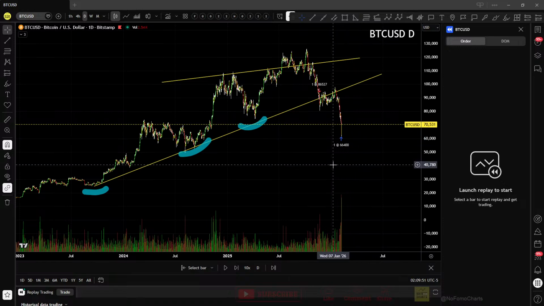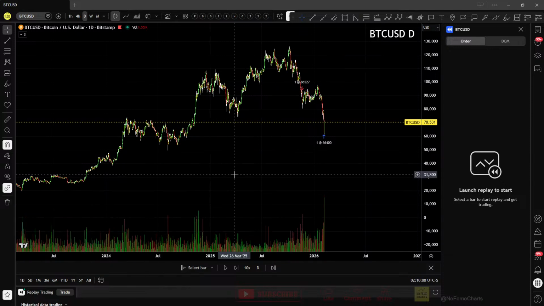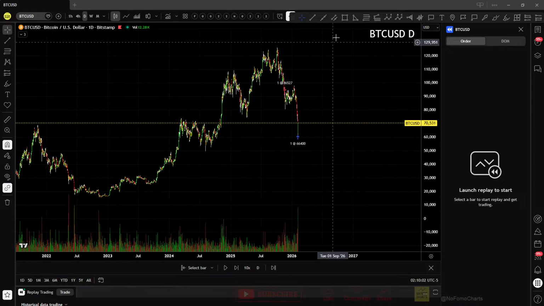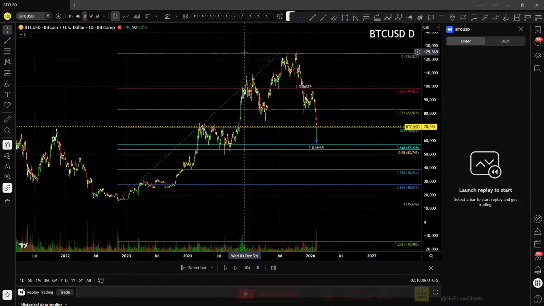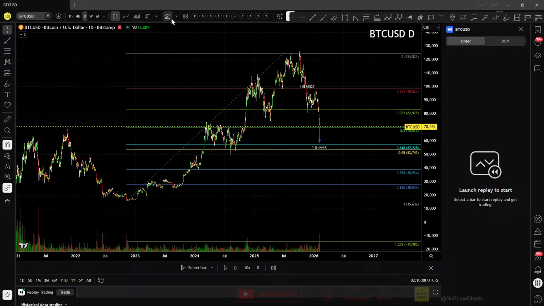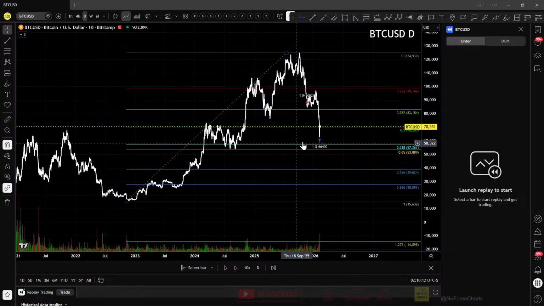Still came true in 2026. So for me, and I'll do the Bitcoin analysis in a different video, probably tomorrow or Sunday over the weekend. But if I Fibonacci this thing from the bottom to the top of Bitcoin, we almost hit the 618 level. We almost hit the 618. We hit the 50% level.